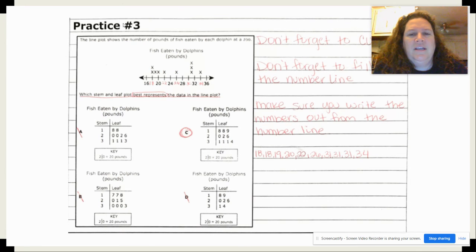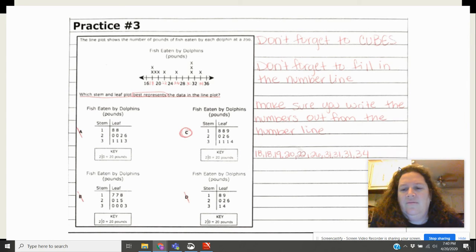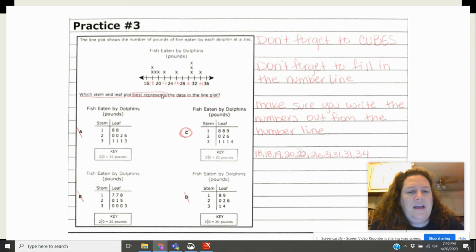The first thing we need to do is don't forget to have no naked number lines, okay? If we cube it, we're going to have the best representation of the data. It says don't forget to cube. Don't forget to fill in the number line. Make sure you write the numbers out from the number line.